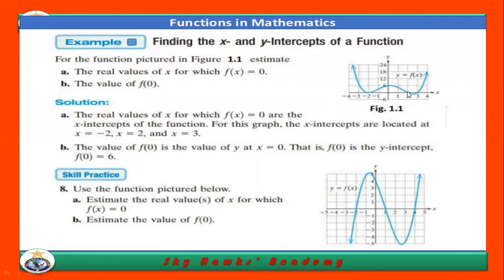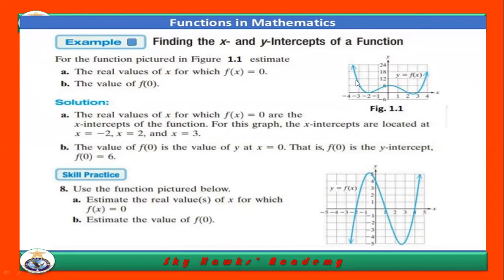Once again, it's touching the axis on the right hand side, that is 2, and also coming down and then going up, so at 3. So there are 3 x-intercepts. These are minus 2 on the left, x is equal to 2, that is positive on the right side, and once again, x is 3.